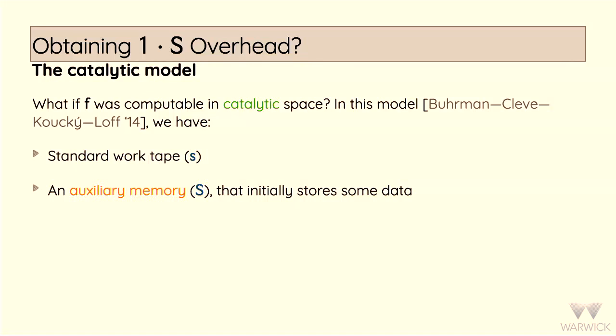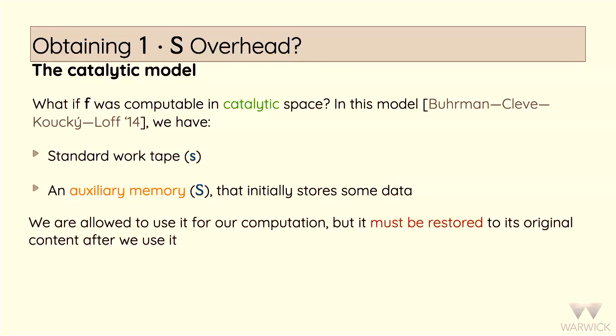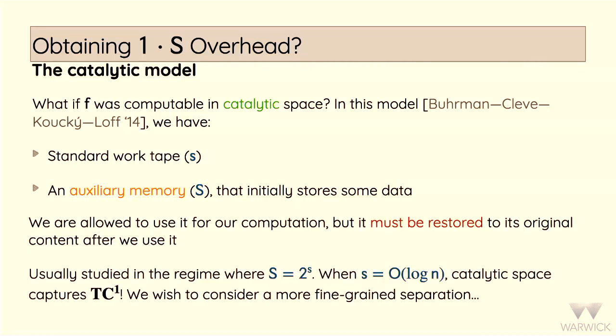You can use it, but then you need to restore it to its original state. Usually this is studied where big S is 2^(little s), and it turns out it's very powerful. When little s is O(log n), catalytic space is TC1.